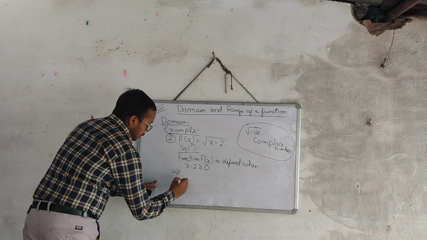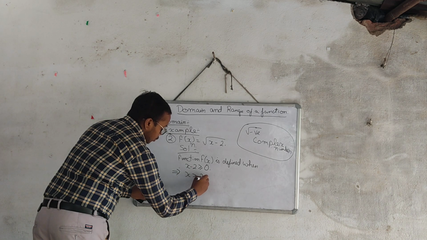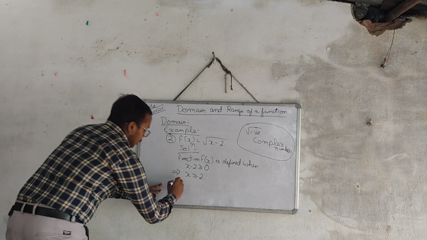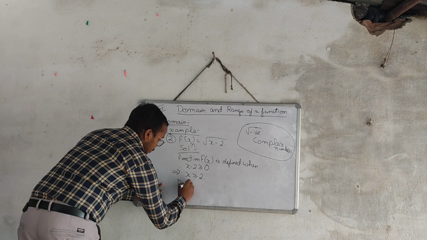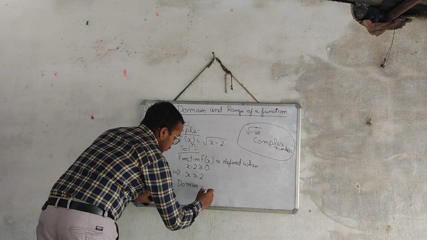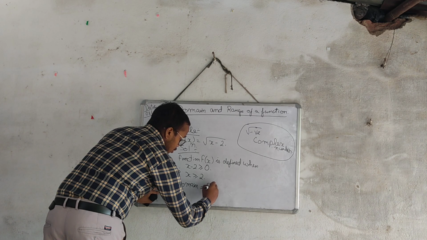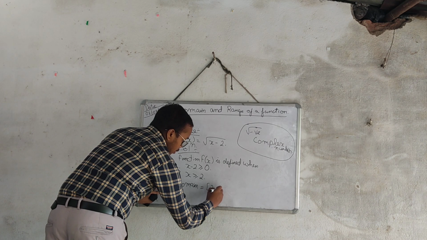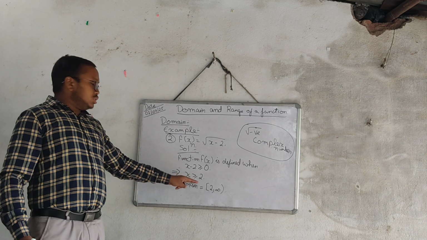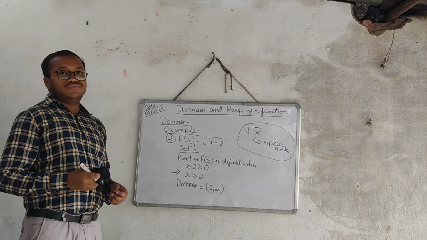This implies that x will be always greater than or equal to 2. So the domain is equal to the closed interval [2, infinity). Every value which is equal to 2 or greater than 2 will be the domain of this function.